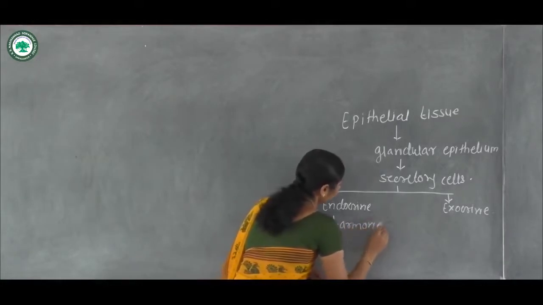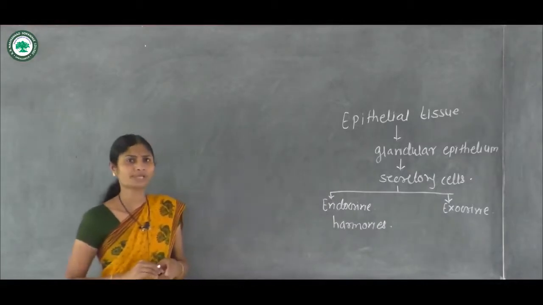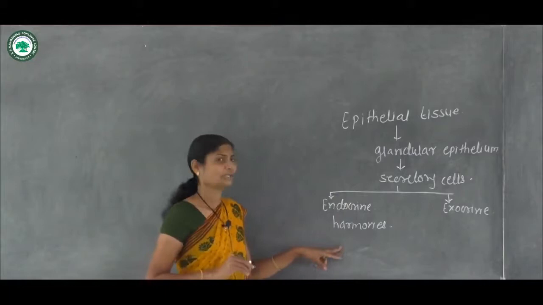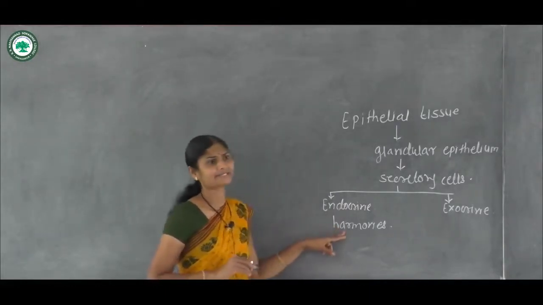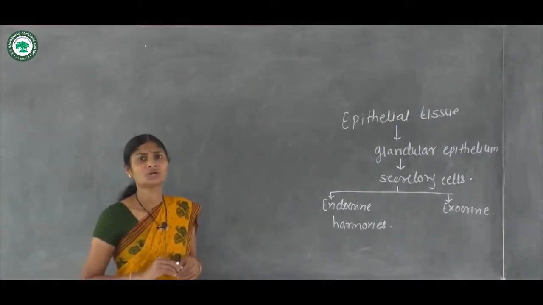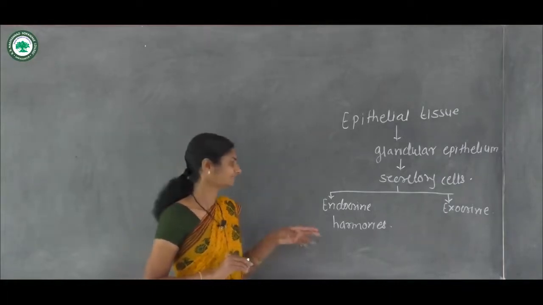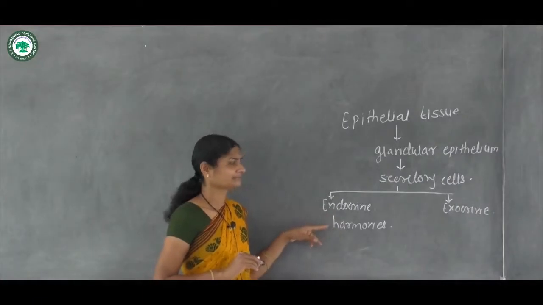This hormone controls coordination of the body, that is hormonal control in the organism. Examples of endocrine glands are the adrenal gland, testes, ovaries and pituitary gland.